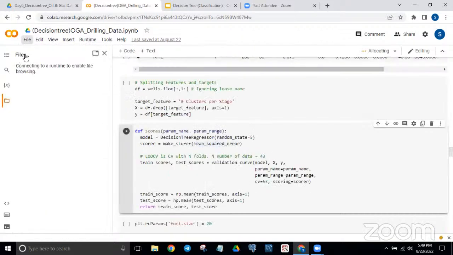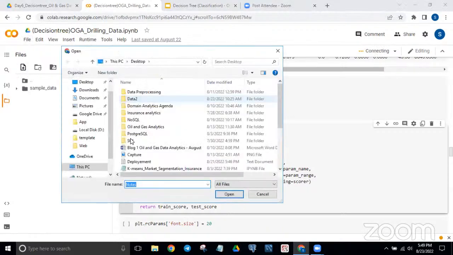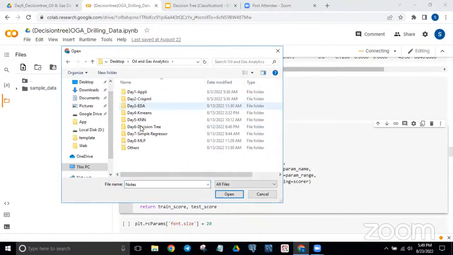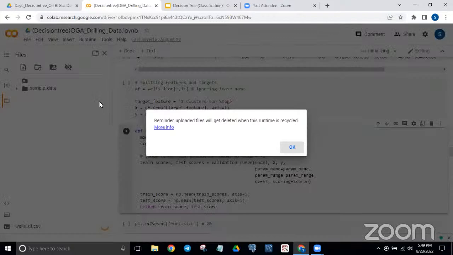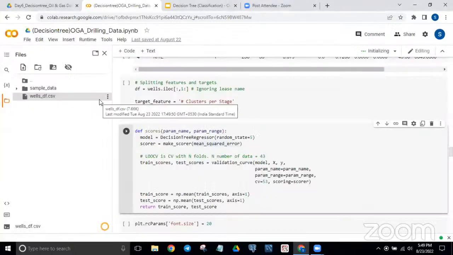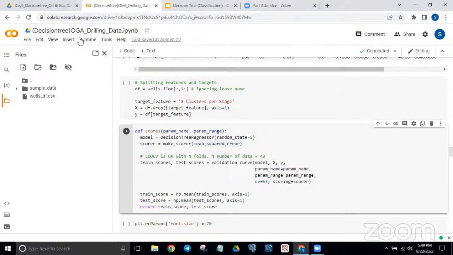So if I take this data, if I upload this data, I have uploaded the data now. If I run this program, I will be running this program.